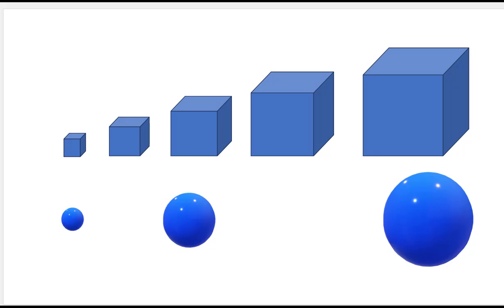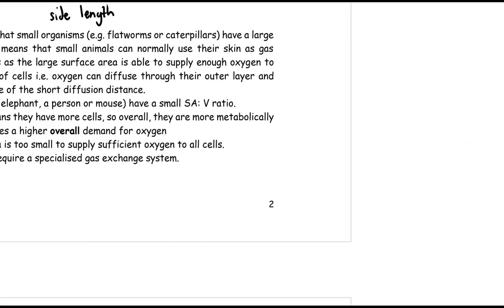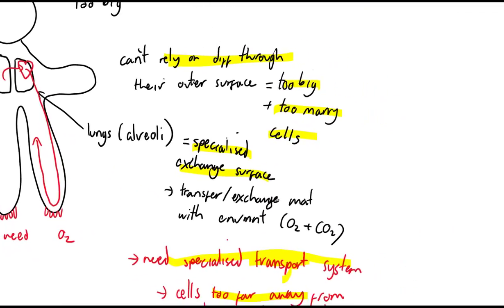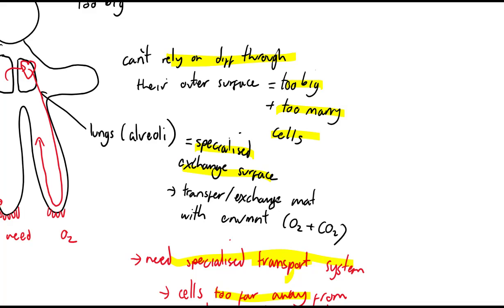So that goes back to what we were saying at the start of this video, that if you're an animal and you get too big, you have to have a specialized exchange surface and you need a specialized transport system. And that's pretty much just because if you're too big, you have a very small surface area to volume ratio.